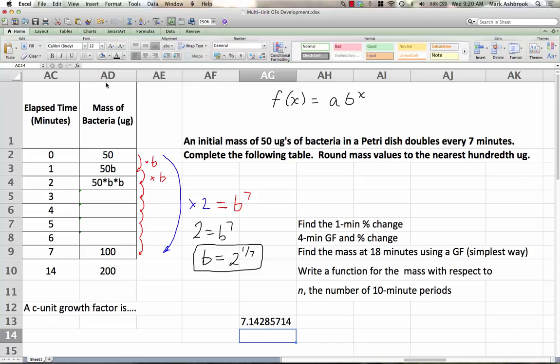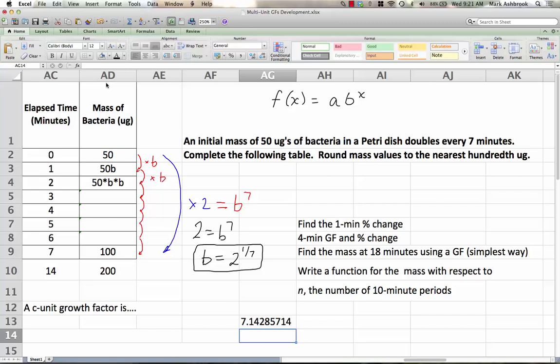So I did 50 divided by 7, and I got 7.1428. Is that how much the mass goes up every minute? Does the mass go up 7.14 micrograms every minute until it reaches 100? Is that exponential growth? What kind of growth would that be?